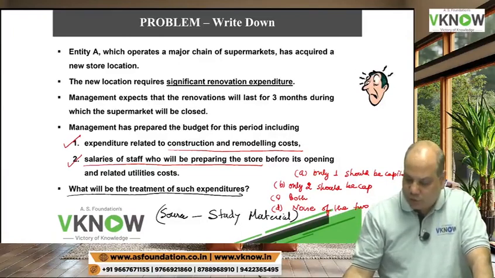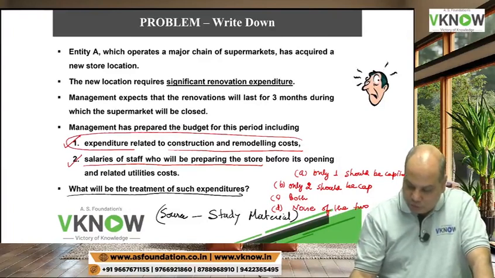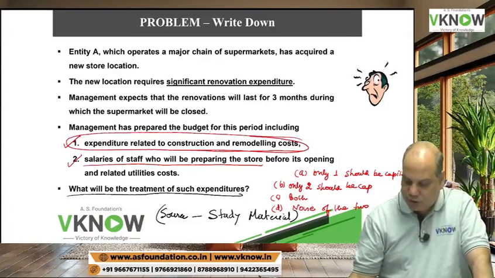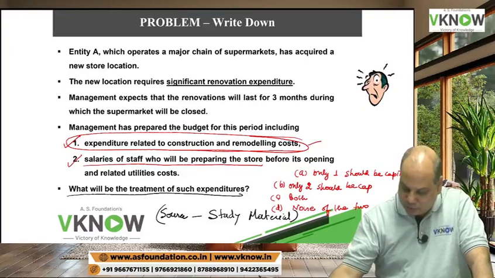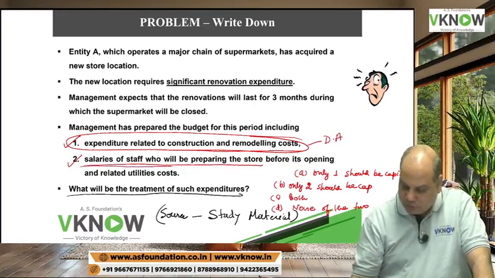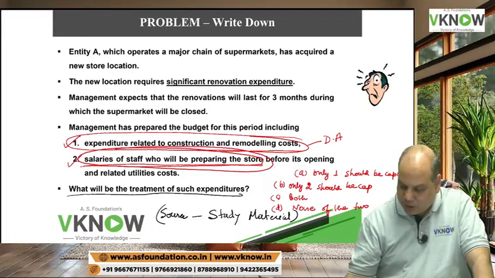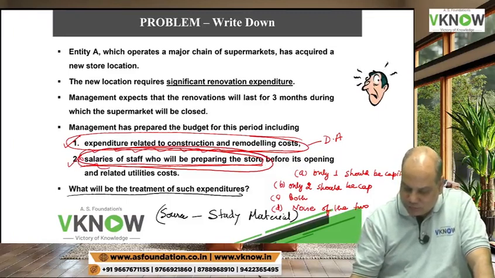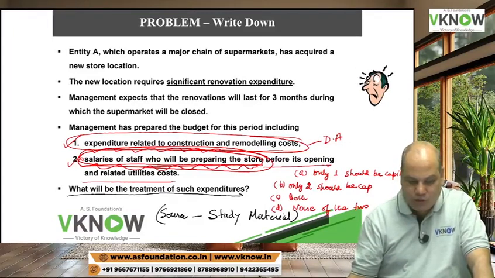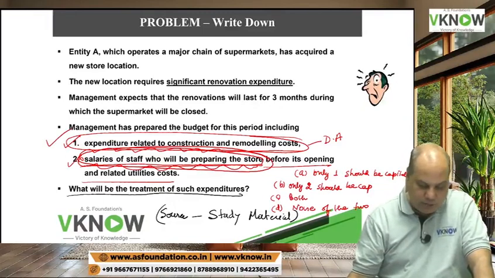So the answer for this question is only the first one will be capitalized because this is directly attributable, whereas the salary of the staff who is going to prepare the store, the store is ready, now they are just doing decoration, putting welcome tags and other related utilities cost.